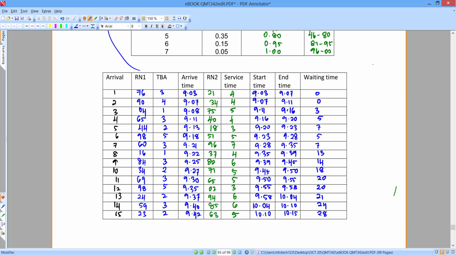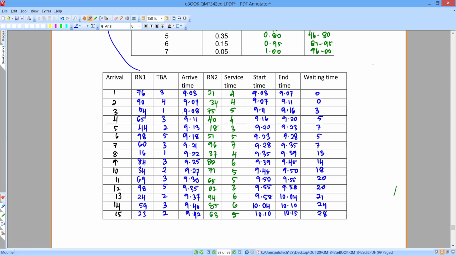Exactly on time. Next, the third student arrives at 9:08, because the TBA, time between arrival, is 1. So 9:07 plus 1 minute is 9:08. You can imagine the second student is still photocopying, but the third student has arrived. You need to imagine this scenario.